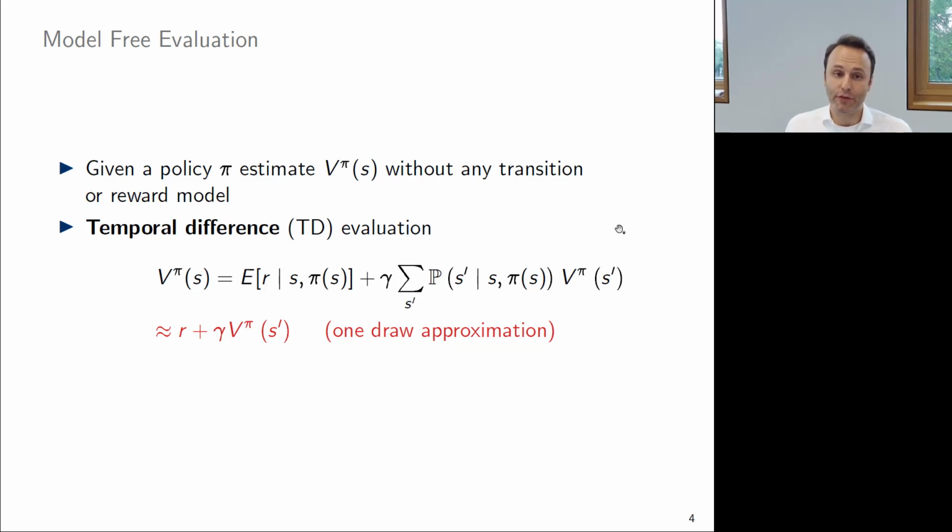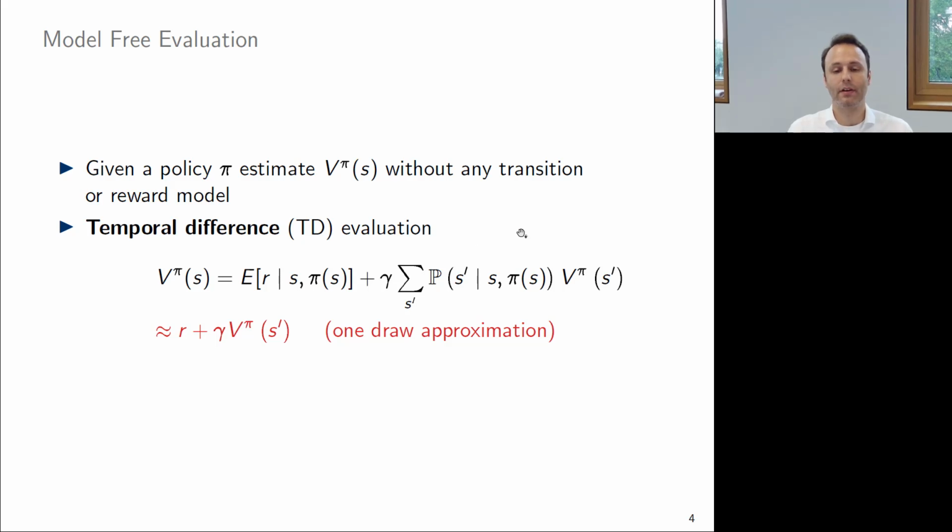So what is model-free evaluation? Well, for a policy, we want to estimate how good it is in terms of value to be in a state S without knowing anything about the transition model or the reward model.